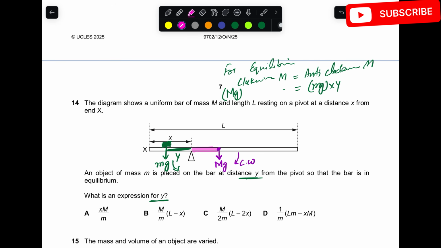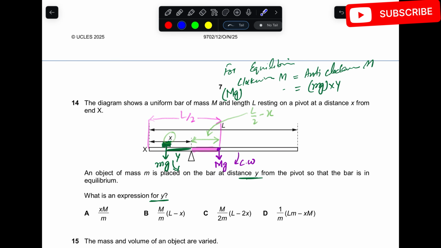Okay, how can we name it? We know from this point till this point, I can write this as L by 2. So if we subtract this x from L by 2, this will give us this distance. So this can be written as L by 2 minus x. So this is the distance between this force and the pivot.